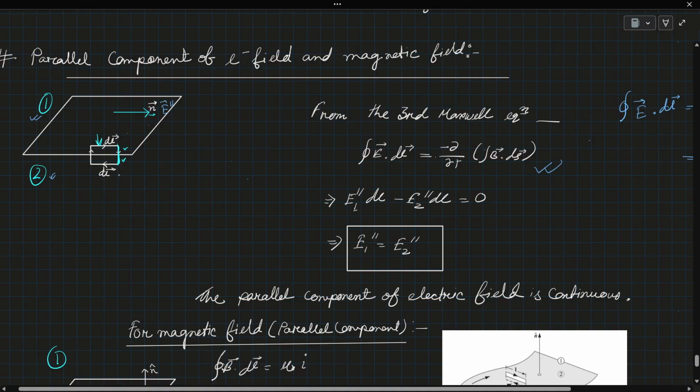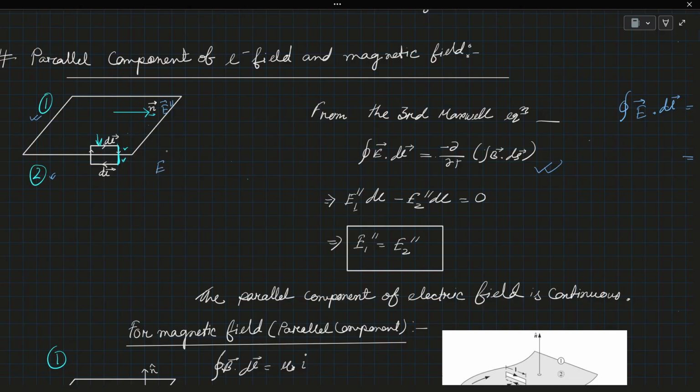So for the first side, I can write it down, and the integration sign will be removed since I am separating the whole into four parts.